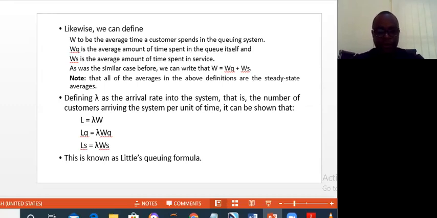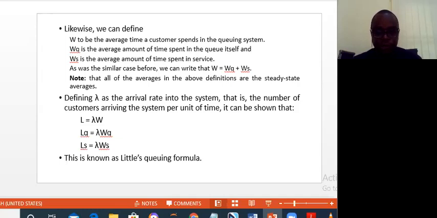In the same way, we assume W to be the average time a customer spends in the queuing system, and WQ is the average time spent in the queue itself, that is, the average time the customer spends waiting in the queue before being served.